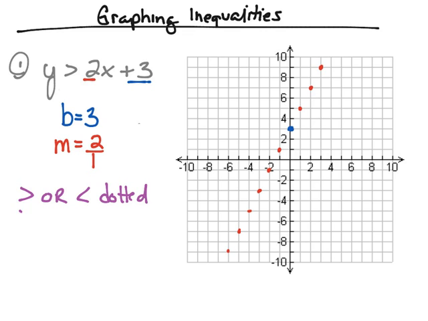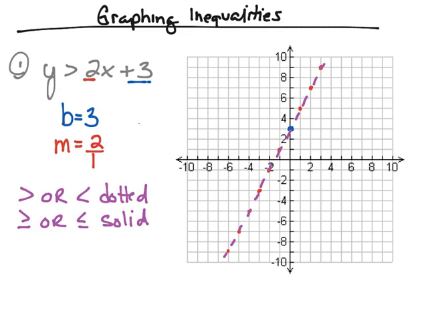Now if we have the greater than or equal to or less than or equal to, we're going to use a solid line. Now in our particular case we have the greater than symbol, so what we're going to do is connect these dots with a dotted line. And I'll talk about what the dotted line represents here in a little bit.